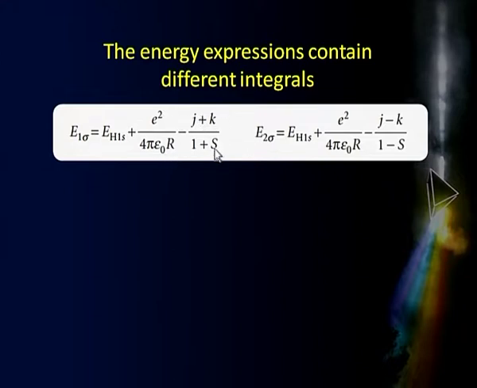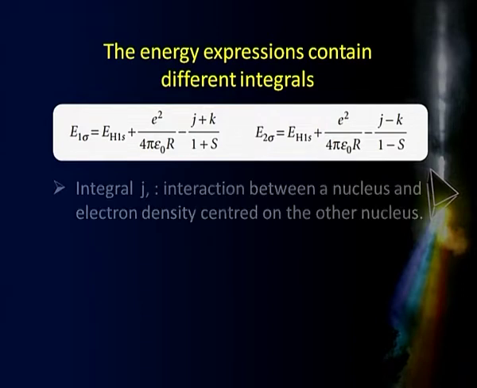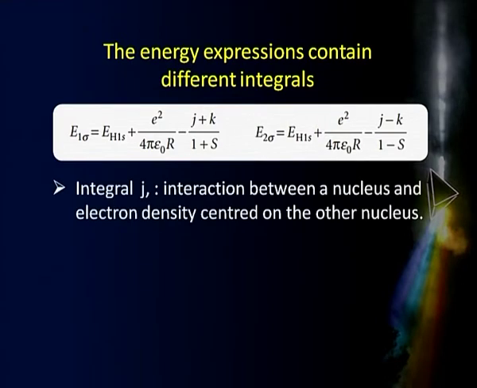J, k and s are different integrals with complicated expressions. We will not be concerned about them, but it is worthwhile to talk about their significance. The integral j concerns the interaction between a given nucleus and the electron density on the other nucleus, because we are talking about bonding here.